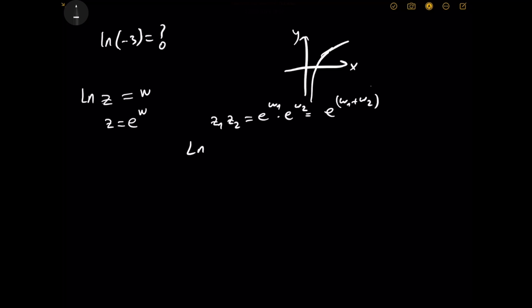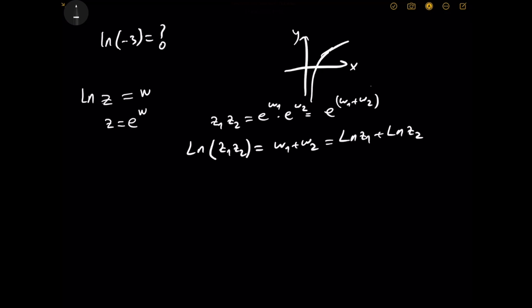If we take the Ln on both sides, notice the capital L, by the definition, it's going to give back the power of e. So that's what we have. And you can also see that this is equal to this part, right? So you can separate the Ln of a product, which can be written as the sum of two Ln's. We knew this for real positive numbers. We also know it for complex numbers now. Okay?